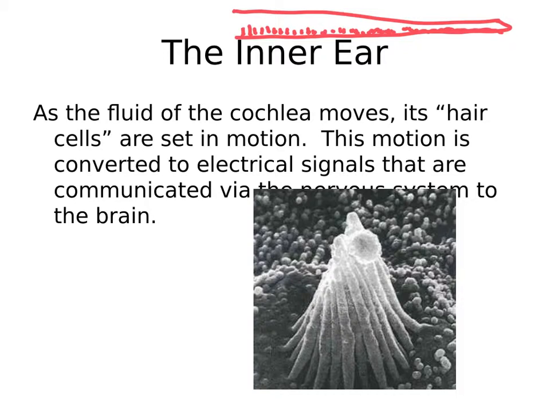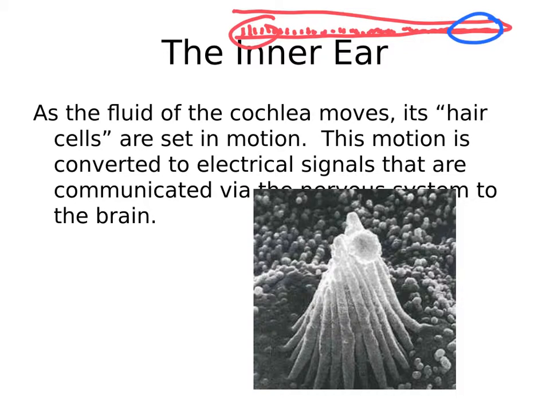Each of those fibers or hairs will vibrate according to a certain frequency. The longer ones resonate at lower frequencies, and the shorter ones resonate at higher frequencies. Once they resonate, they'll transmit those signals to the brain through the auditory nerve, kind of like the optic nerve does for the eye. And the brain will interpret those sounds.